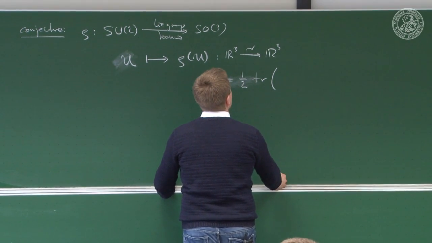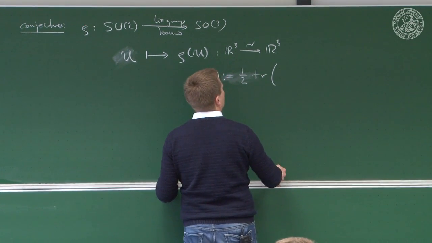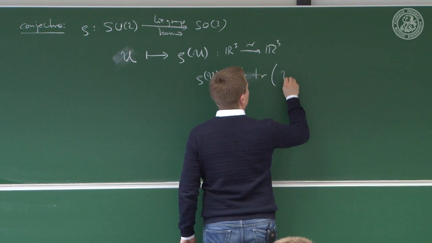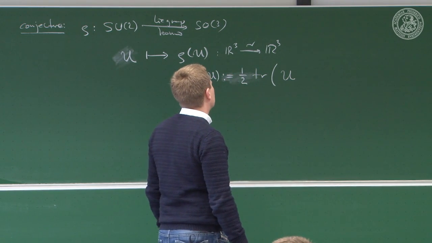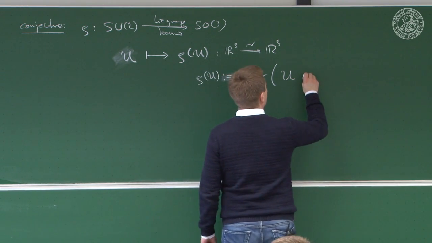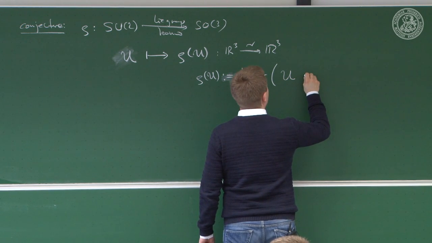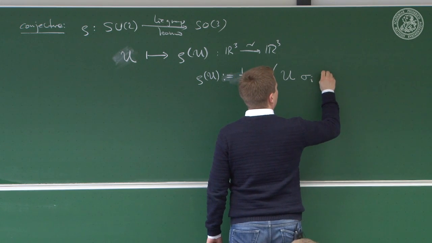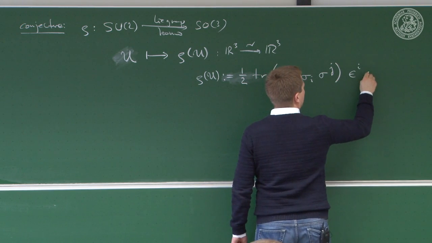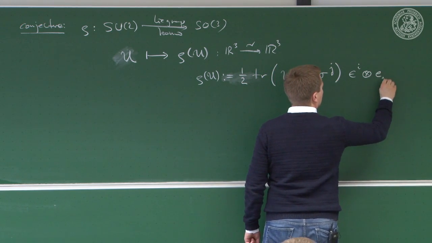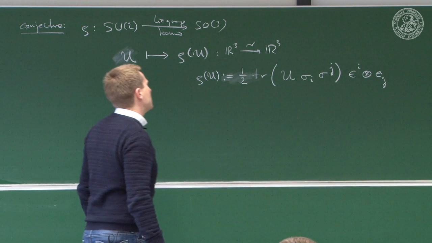You take the U, sigma... something is wrong. Hang on a second. Sigma I, sigma J, epsilon I, tensor EJ.